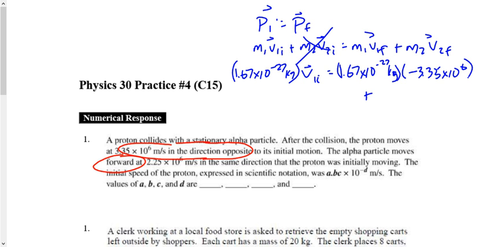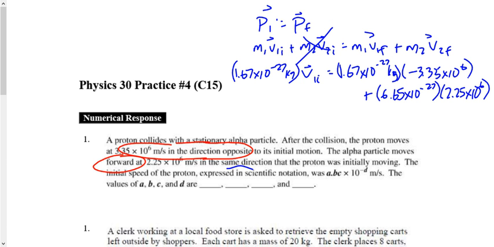And the alpha particle's mass is 6.65 times 10 to the minus 27 from your data sheet, times 2.25 times 10 to the 6 meters per second, in the same direction, so positive because it's moving forward in that same direction. Does that make sense?